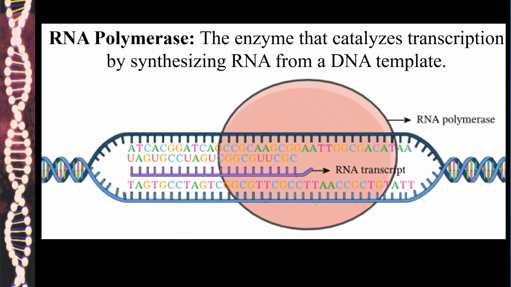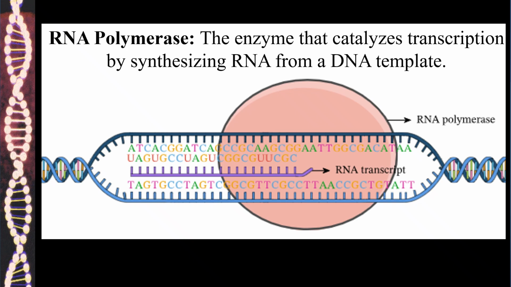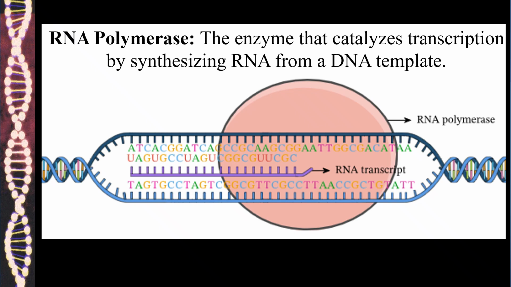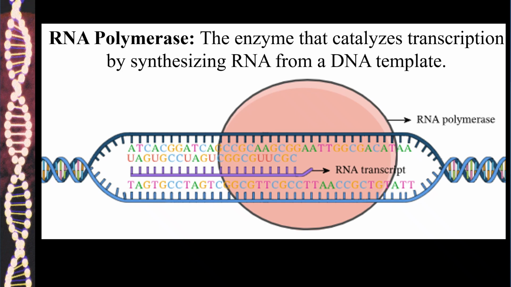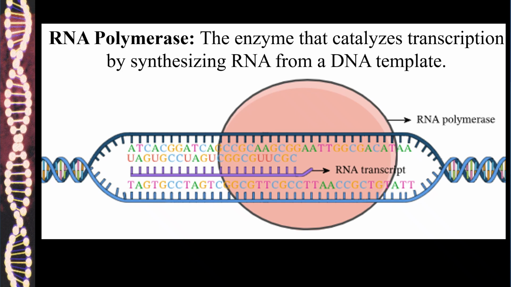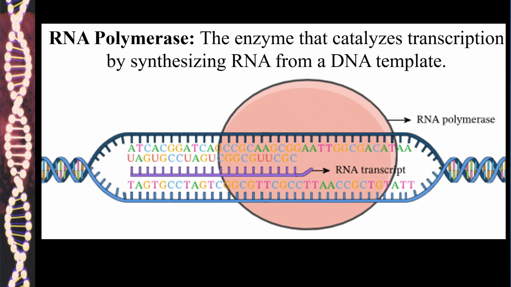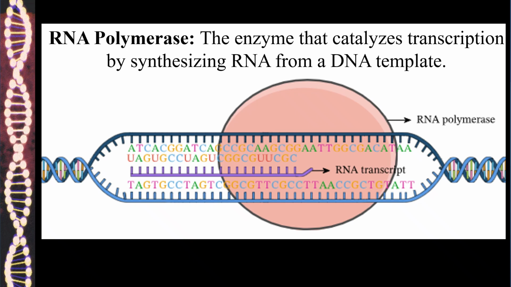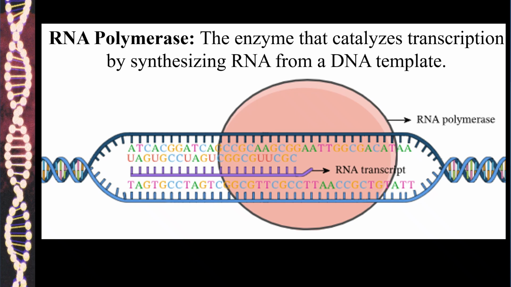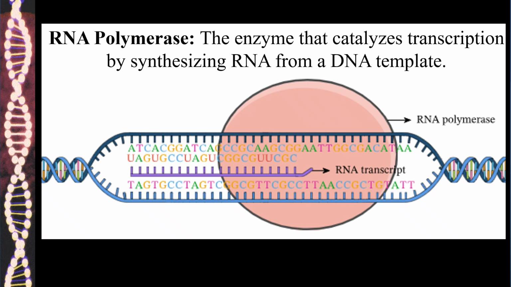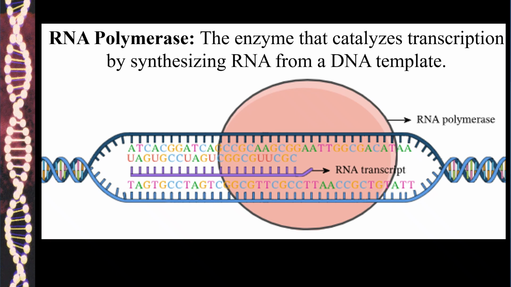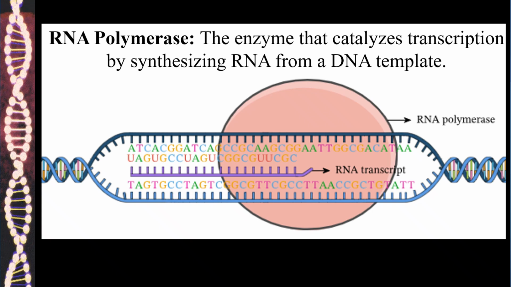Now let's see how the process of transcription takes place. Before that, we have to see what this RNA polymerase is and how it catalyzes the synthesis of RNA. RNA polymerase is the enzyme that catalyzes the transcription by synthesizing RNA from the DNA template.